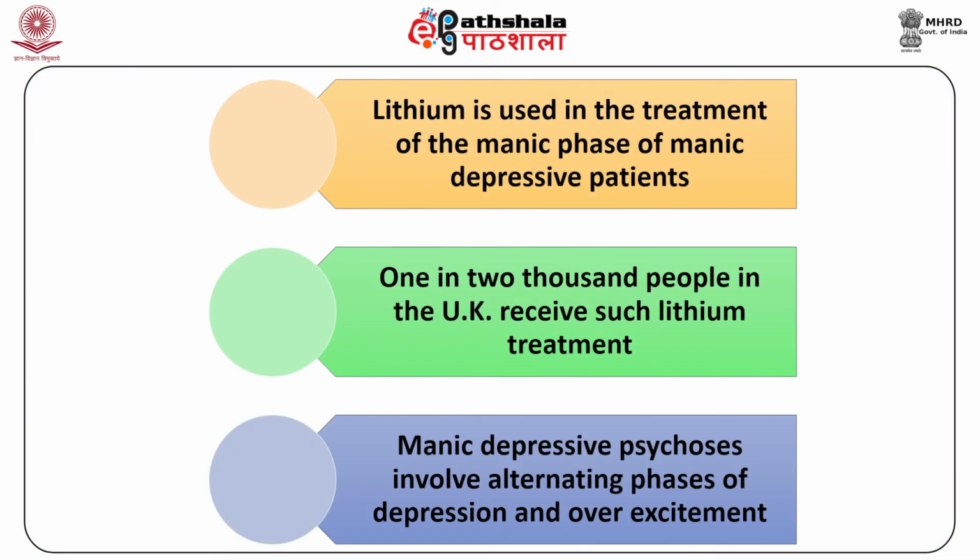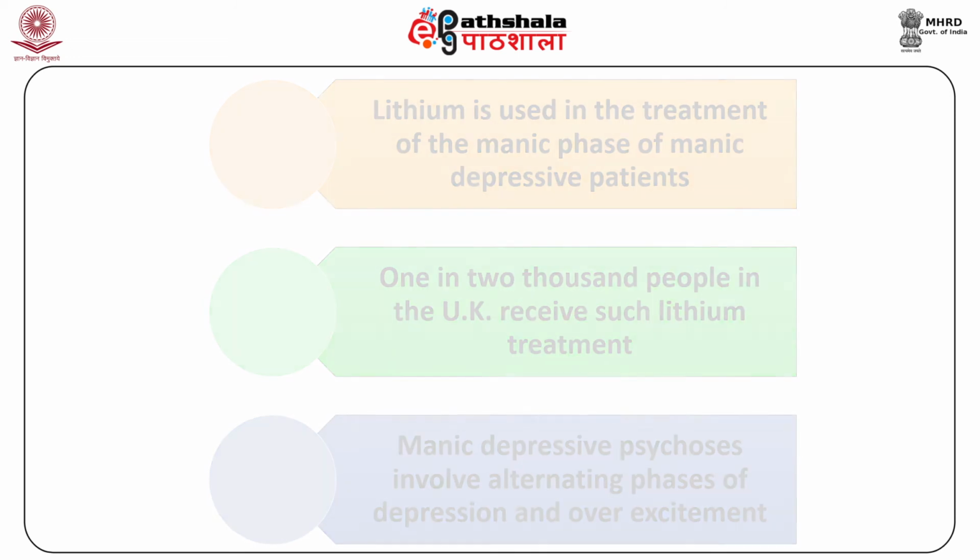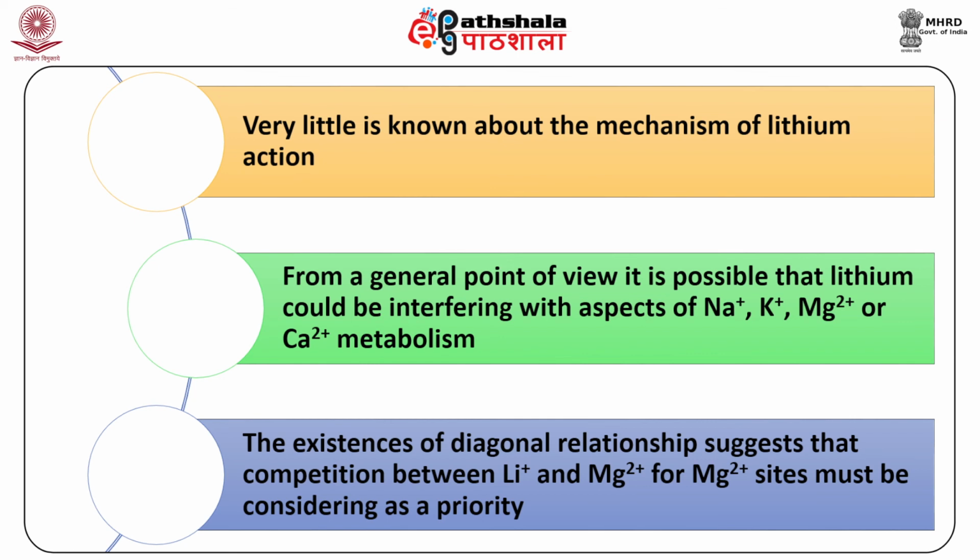Lithium. Lithium is used in the treatment of the manic phase of manic depressive patients. 1 in 2,000 people in the UK receive such lithium treatment. Manic depressive psychosis involves alternating phases of depression and overexcitement. Very little is known about the mechanism of lithium action.